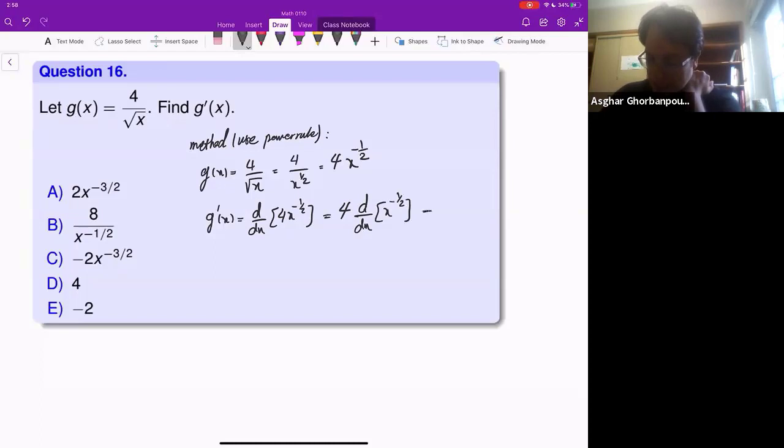And over there, this is called the constant multiple rule. And then you use the power rule, which will tell you that the derivative of x to the power negative half is negative half times x to the power negative half, 1 less.